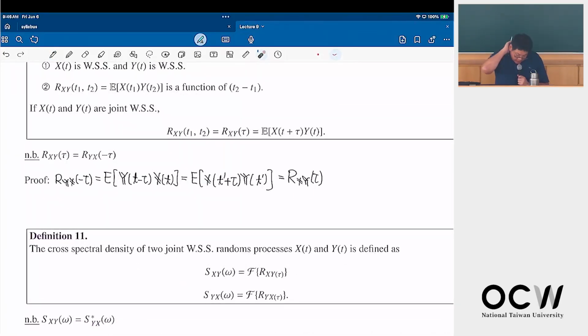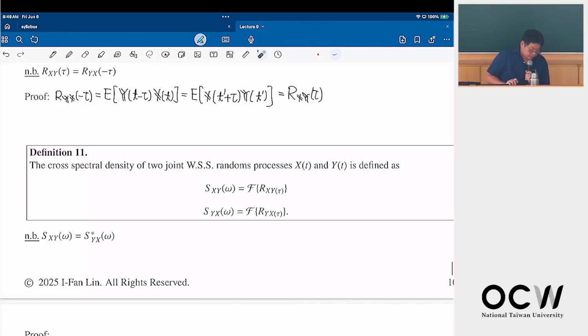Then we can take the Fourier transform. Then we get the cross spectrum density. Here's the definition. We have XY, so here is XY. If we have a YX, there'll be YX. And they are not equal. They have these relationships. Let's prove it.